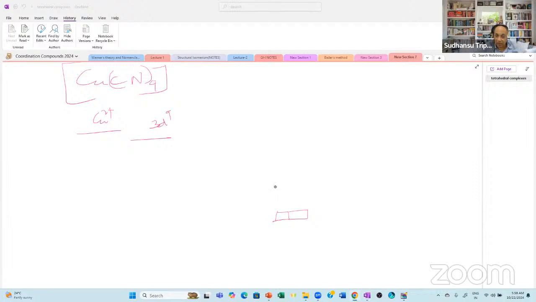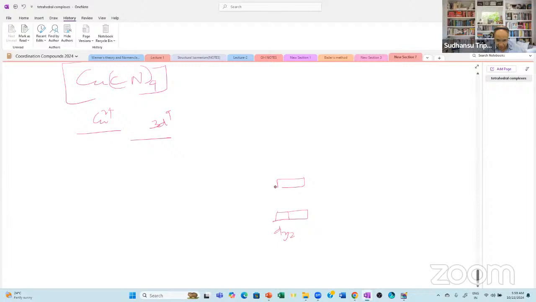Okay, then you draw the splitting diagram of the SP field, which is the severe distortion of the octahedral field where the two trans ligands have been completely removed.